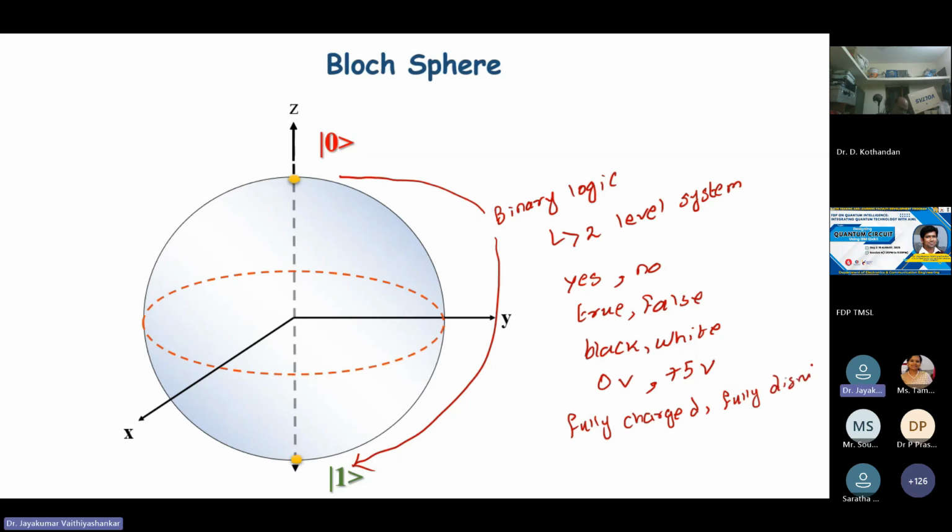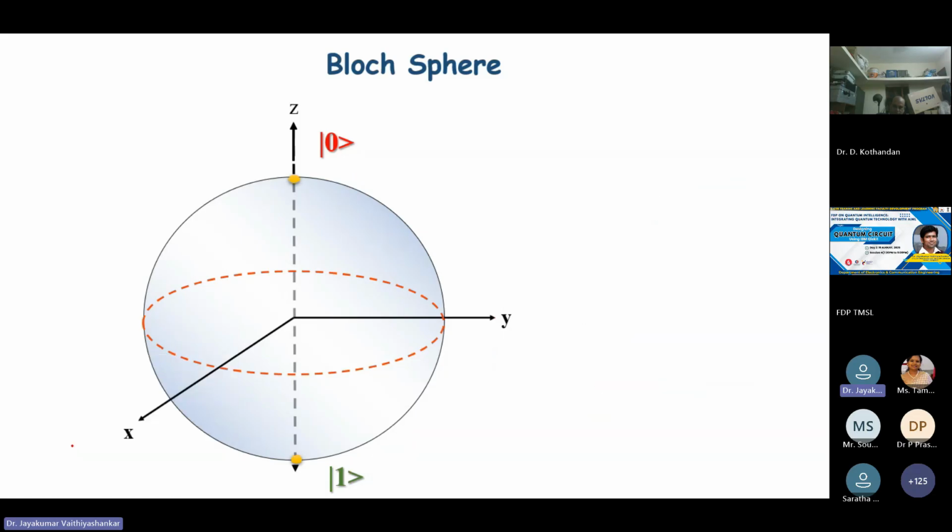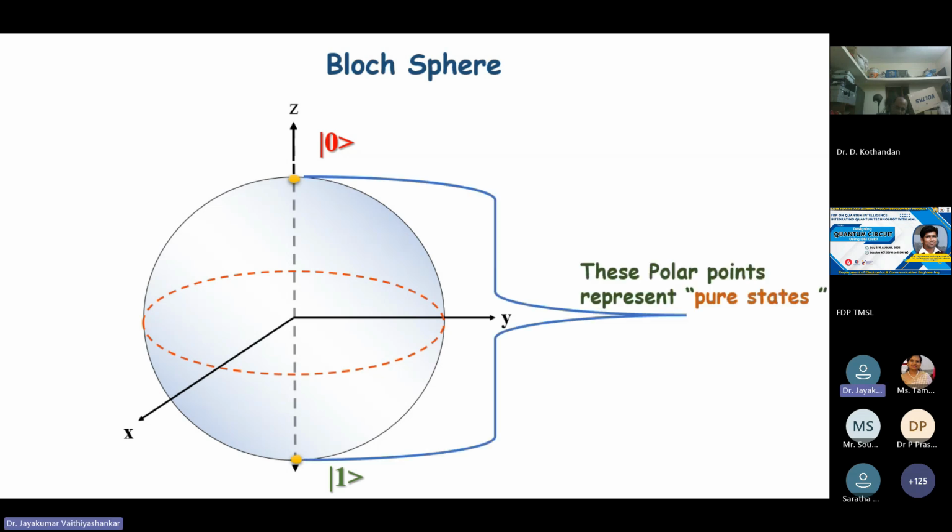So I can take any 2 systems or any 2 pieces of information which are extremely opposite in nature. With the help of binary logic, you can represent any 2 extreme-level information. These 2 points are called pure states.